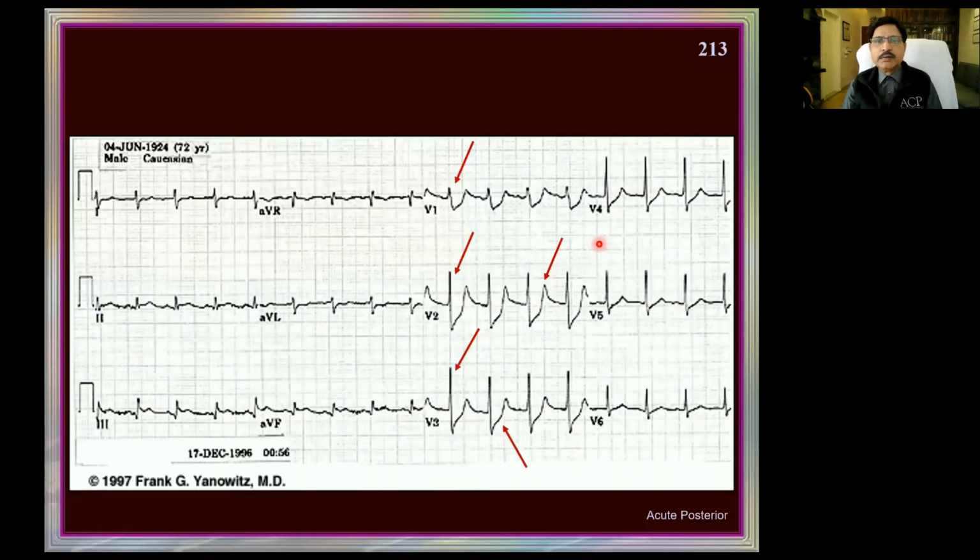Now you see, this is very typical. You see the R wave appearing here. Why is this not an NSTEMI of the anteroseptal wall?